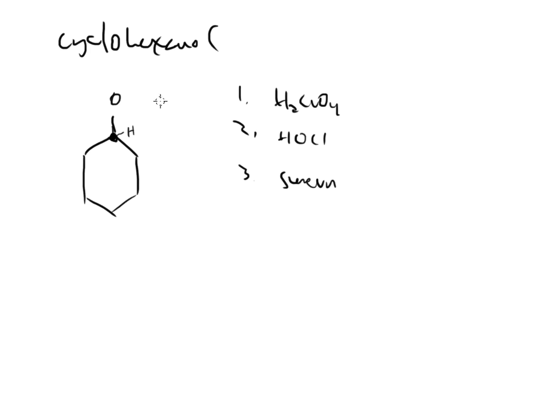Just because it's a ring doesn't mean that everything needs to change. Same deal, same concept. Beep, that hydrogen off, just like the other examples. And a double bond is formed between that carbon and that oxygen. If I go back and do hypochlorite, same product. Hydrogen removes, hydrogen here removes, a double bond is formed, I get the same thing.